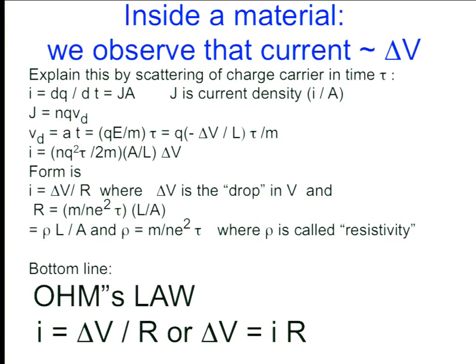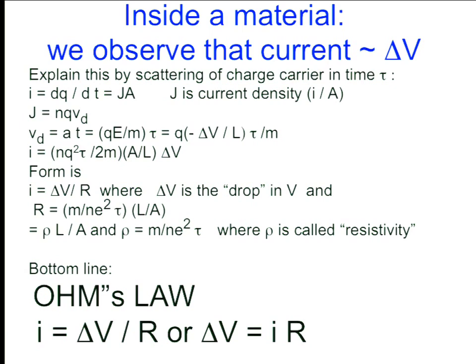But the thing is interrupted. Every couple of seconds, it runs into a nail. So the average velocity is equal to the acceleration times the scattering time.